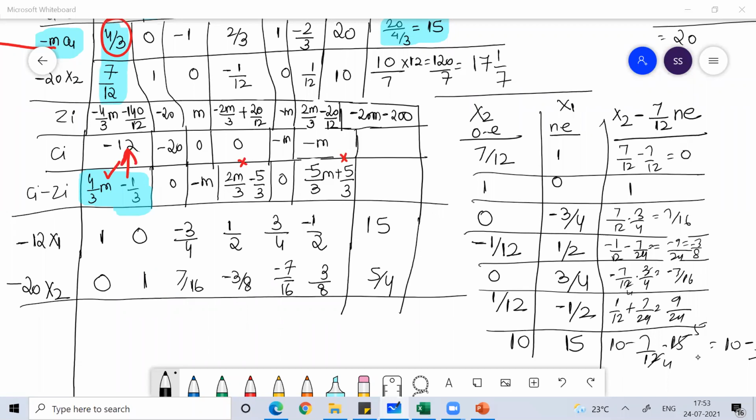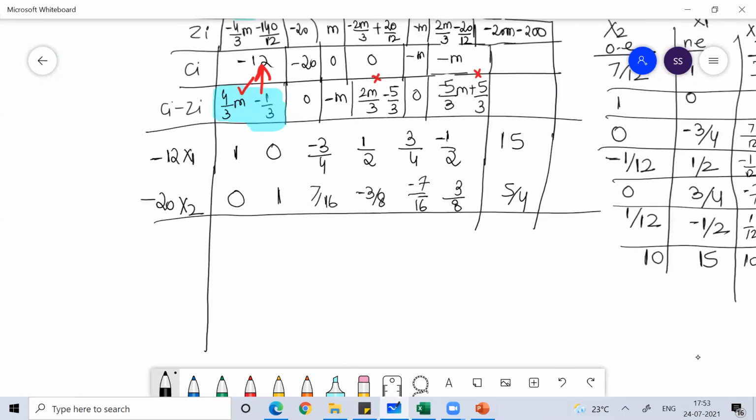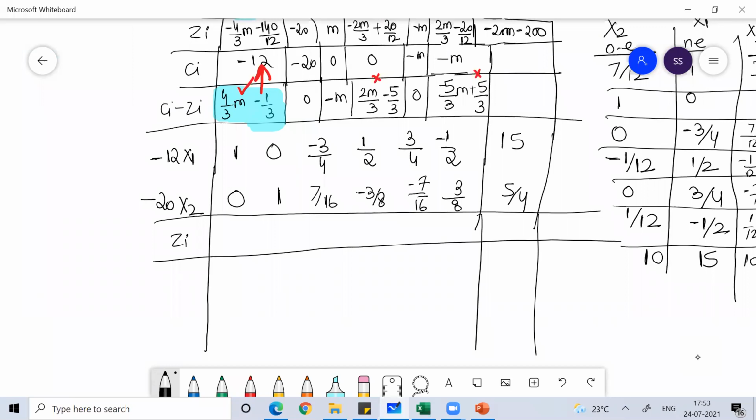Clear everyone? Anyone, any doubt with the calculation? So once you are clear with this calculation, you can find the Zj values. So the Zj value will be minus 12, minus 20.